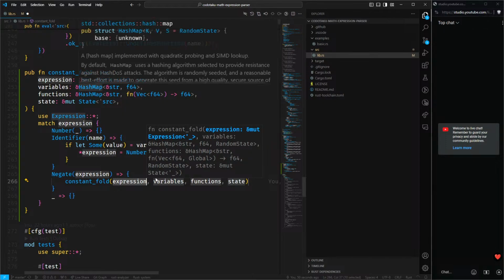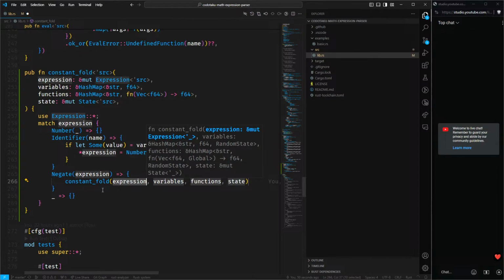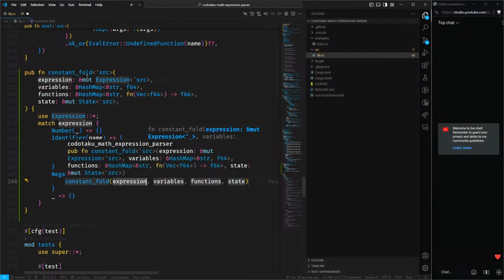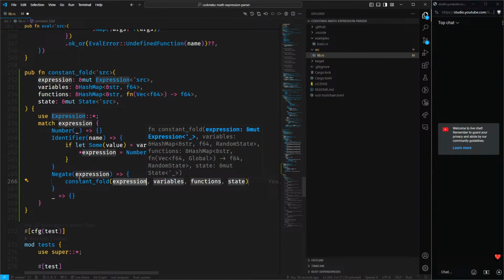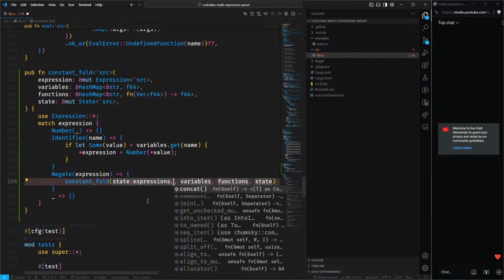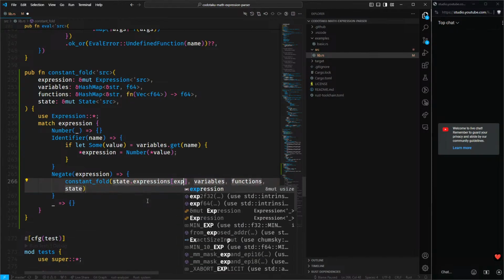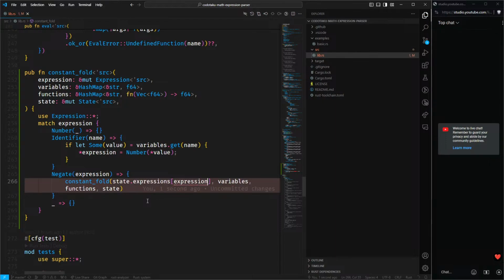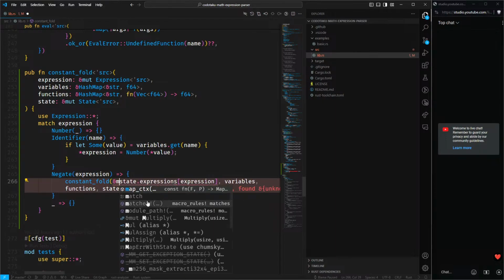Okay, cool. Well, the first thing that you're gonna notice here is that this ConstantFold takes a mutable expression, not a usize. So we gotta resolve this using our state. So state.expressions expression like this, and we gotta actually give a mutable reference to this.